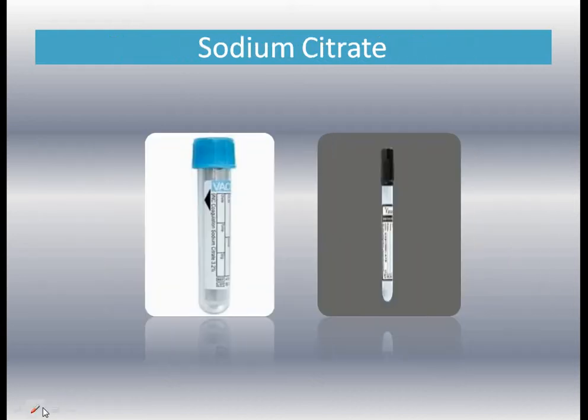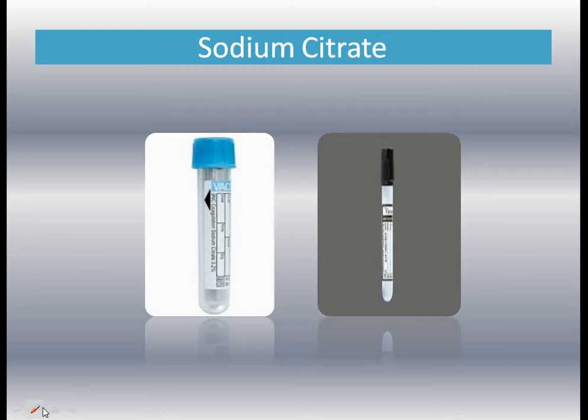4. Sodium citrate is used as an anticoagulant in two tubes, one for coagulation profile tests, which is blue in color, and the ESR tube, which is black in color. Both have the same constituents, the only difference being concentration and dilution. Coagulation profile tubes contain 3.2% sodium citrate and are diluted with blood in the ratio of 1:9.